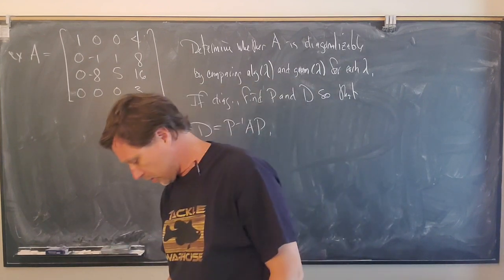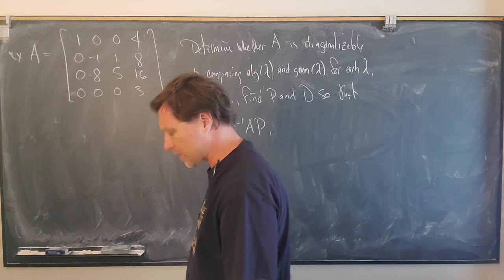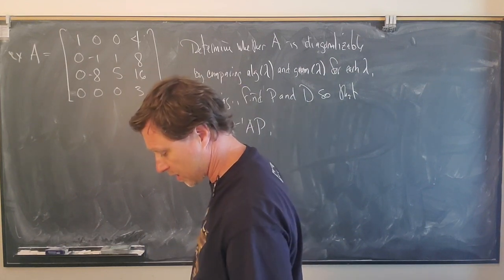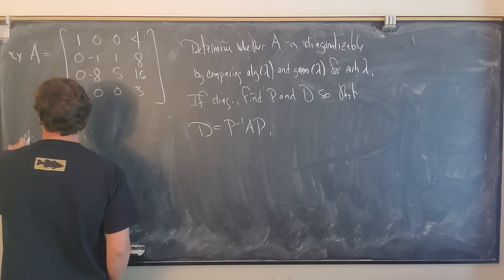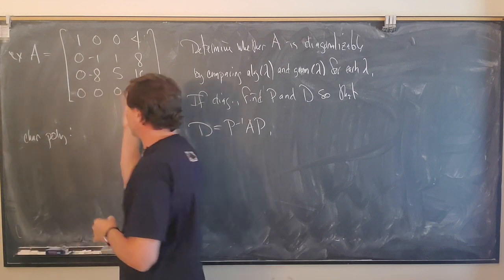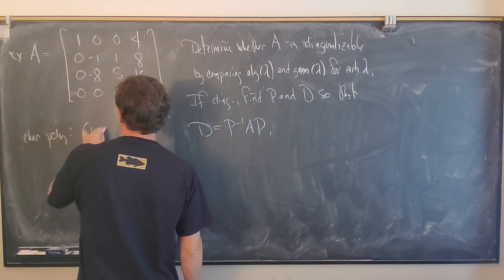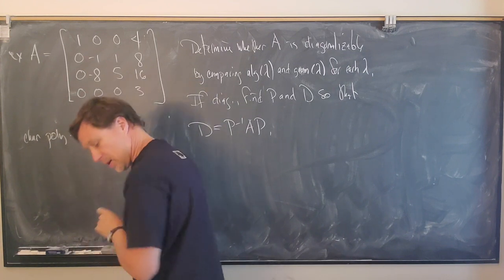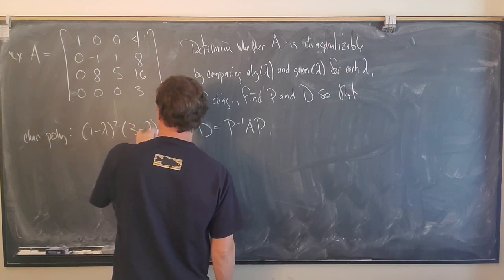If we compute the characteristic polynomial, and I won't make you go through all this process, it actually factors pretty nicely. In fact, this example is rigged to make sure that the characteristic polynomial works out nicely. It's (1 minus lambda) squared times (3 minus lambda) squared.